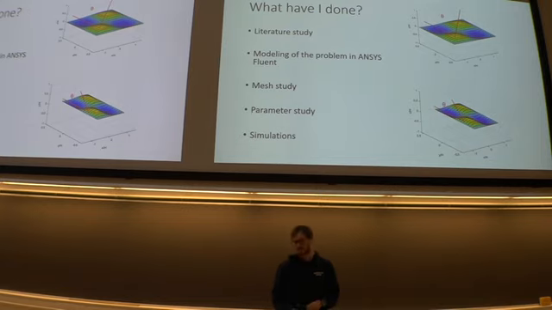What have I done? I've done a literature study on the little theory that exists on this, because this is quite new research. I modeled the problem using ANSYS Fluent, first using parameters and just getting the simulations to work.